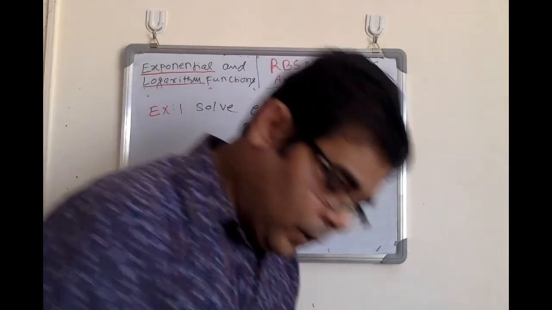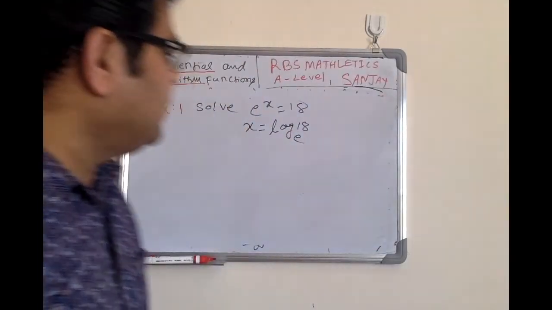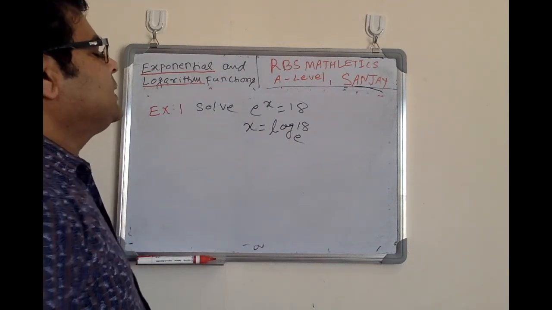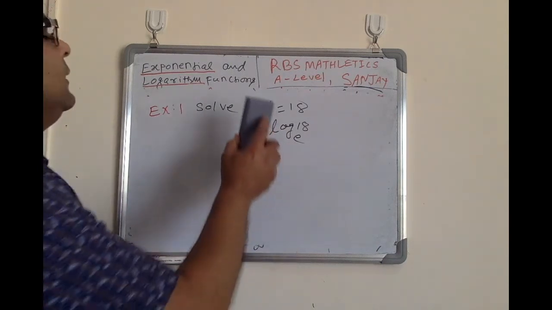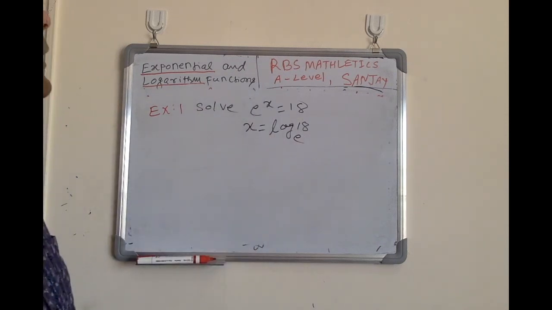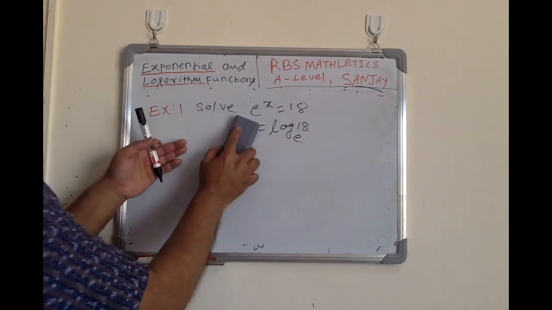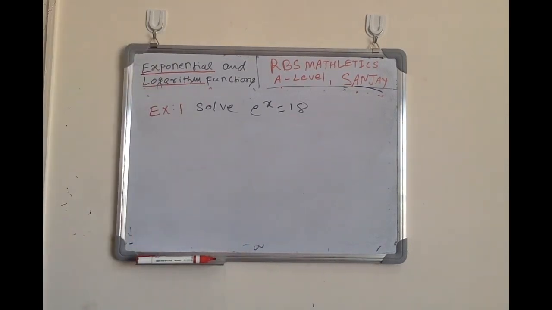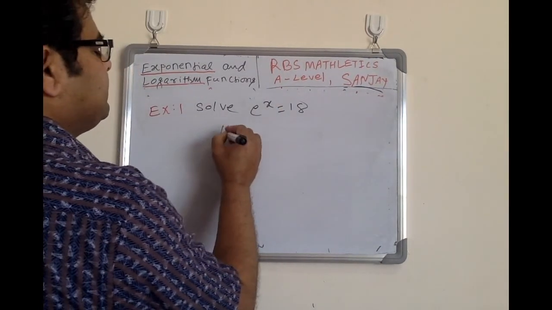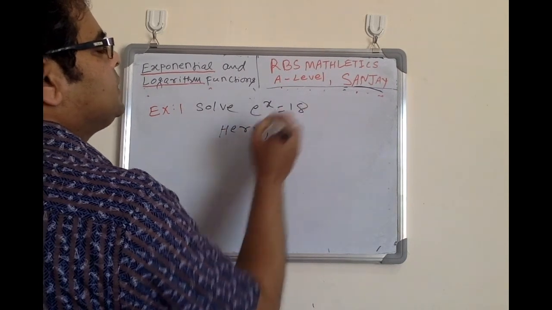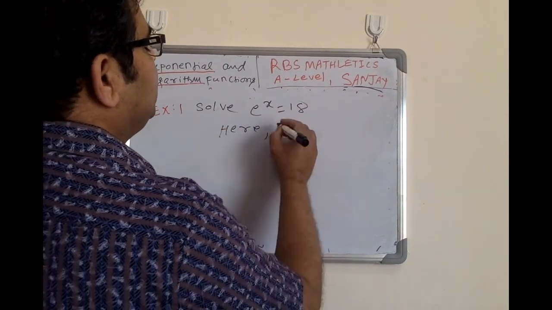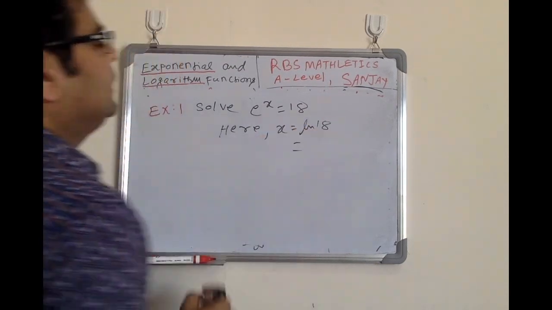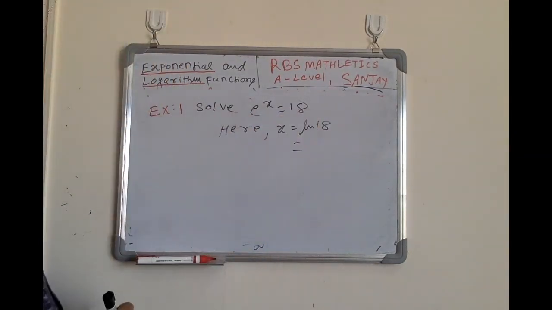Until I get used to this, I will keep on reading the definition, and while reading the definition, I will write the function in terms of log. But once I become used to this, I don't need to read out everything. So we can directly write e^x = 18, and your x value is going to be ln of 18.